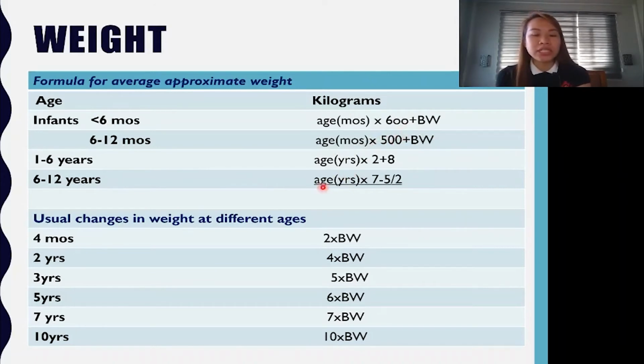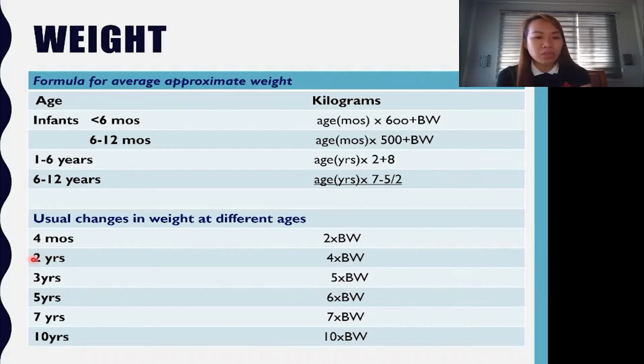At 1 to 6 years old, age in years times 2 plus 8. So these are constant numbers, hindi yan nagpapalit. And at 6 to 12 years, the age in years times 7 minus 5 over 2. So usual changes in weight at different ages. Take note, class, at 4 months, it is expected that the child will double the birth weight.